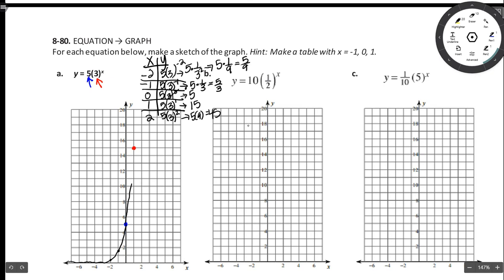And very important to note that the smaller this x gets, -3, -4, -5, it is always going to be extremely close to 0. It's going to be a very, very small number, but it will never actually get to 0. So this here is called an asymptote.